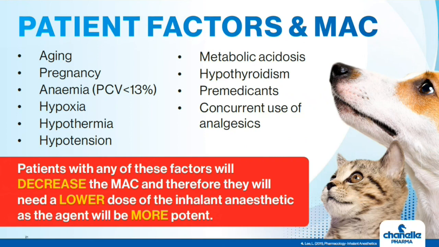So a list here, we have aging, pregnancy, anemia, hypoxia, hypothermia, hypotension, metabolic acidosis, hypothyroidism, pre-medication use, and the concurrent use of analgesics. These will all decrease the MAC value, and therefore you will need a lower dose of inhalant anaesthetics, as the agents will be essentially more potent in these cases.